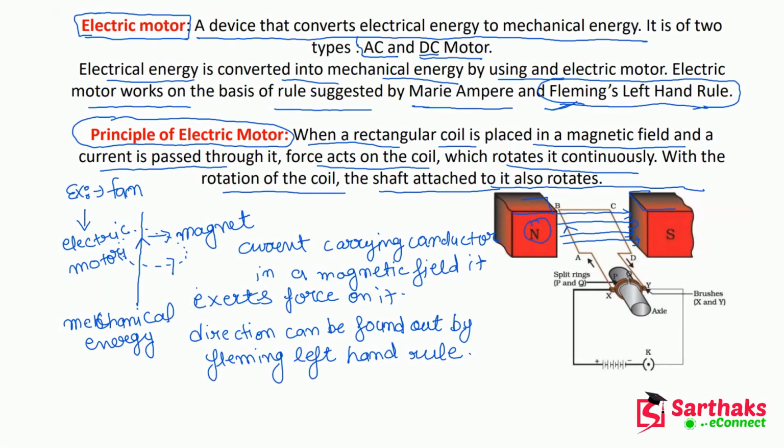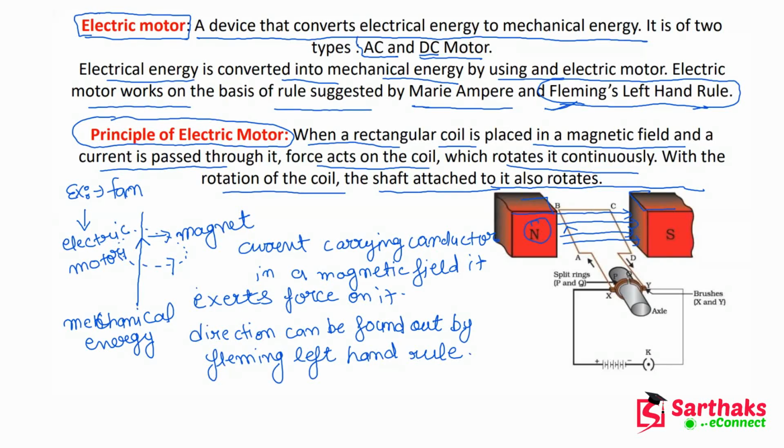So if this is a current carrying conductor, then we saw in the previous lectures that whenever we place a current carrying conductor in a magnetic field, this magnetic field exerts force on it. So it will exert force on this conductor, and that's why it will start to move.